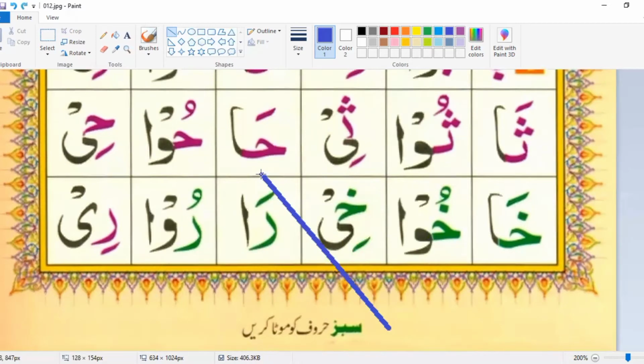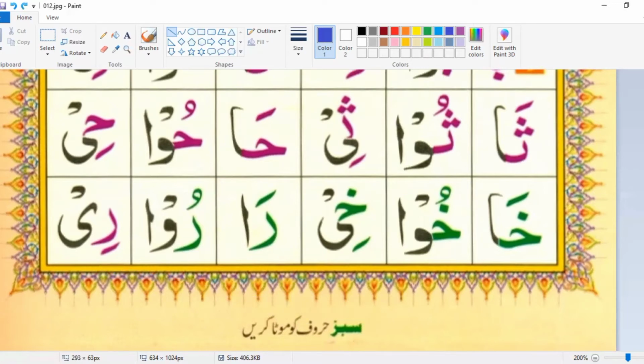Ha Alif Fatha Ha, Ha Waw Dhamma Hu, Ha Ya Kasra Hi, Kha Alif Fatha Kha. Green color is for bold letters. Kha Waw Dhamma Khu, Kha Ya Kasra Khi, Ra Alif Fatha Ra, Ra Waw Dhamma Ru, Ra Ya Kasra Ri.